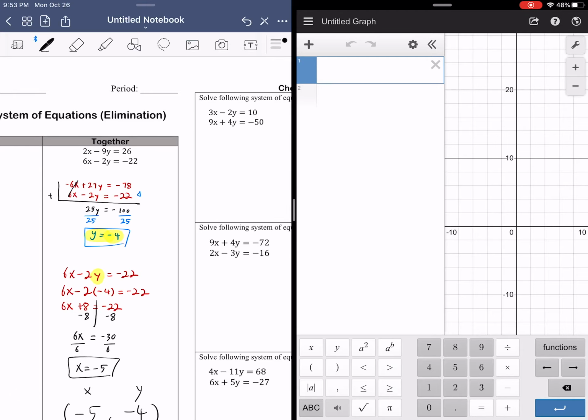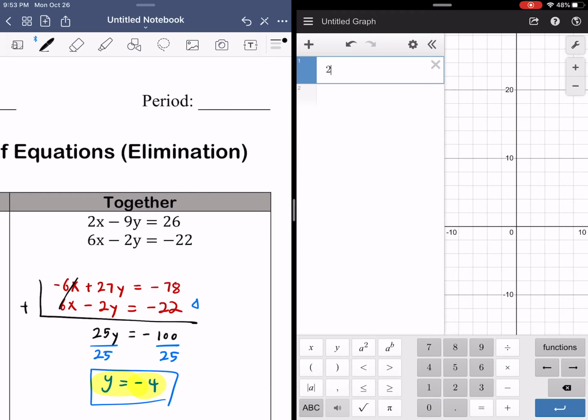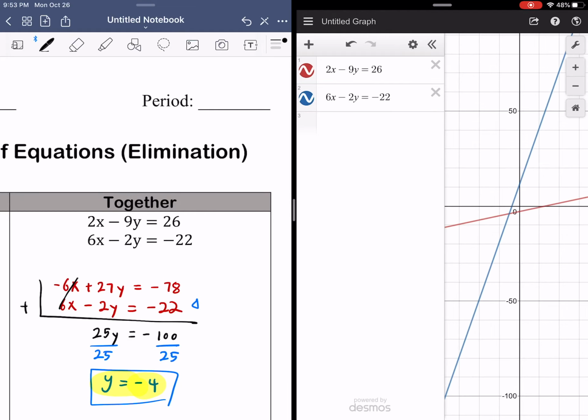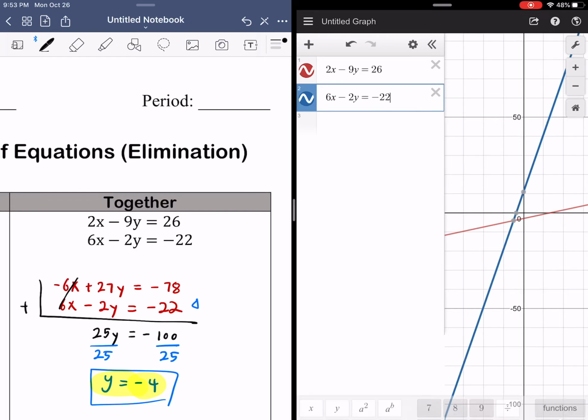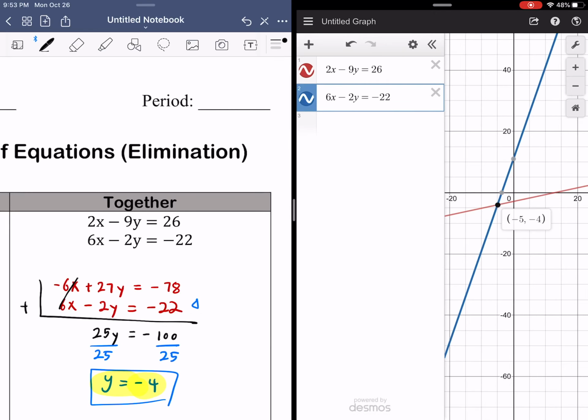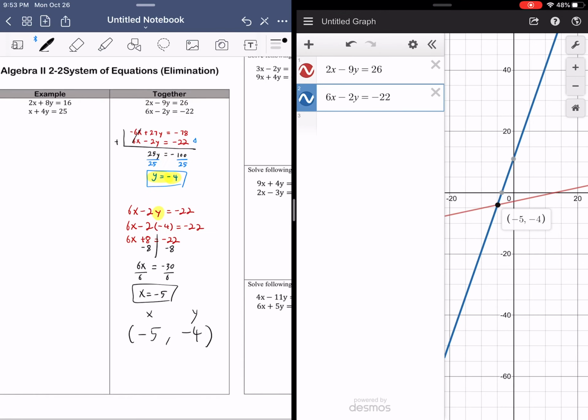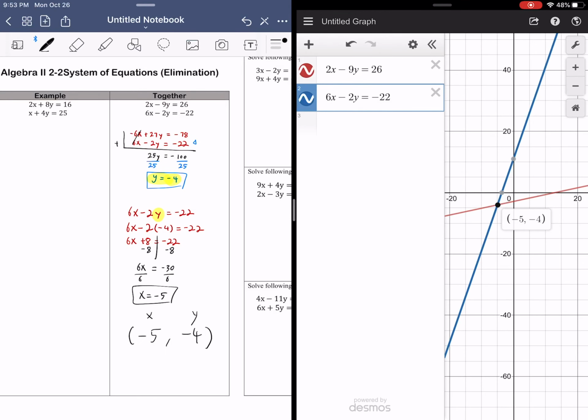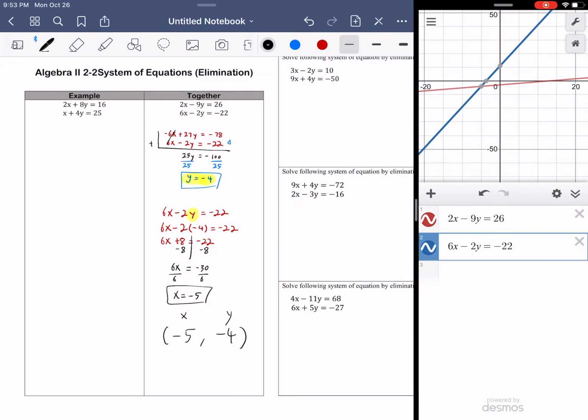For example, if you graph 2x minus 9y equals 26, and the second one, 6x minus 2y equals negative 22, do you see this intersection point? That was the solution, right? Which is negative 5 comma negative 4. Does it match with our answer? Yes.